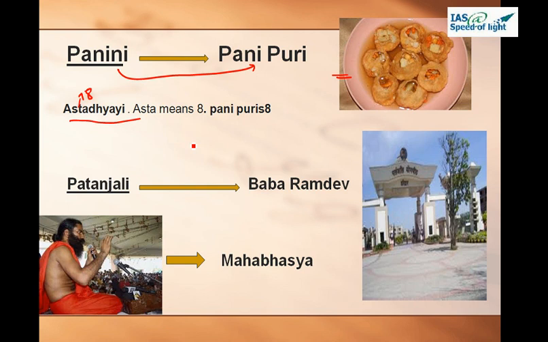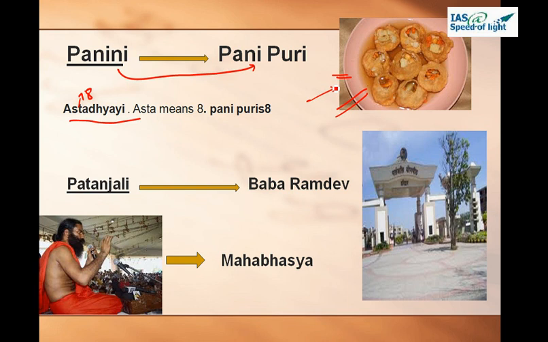So you went to a Pani Puri stall or a Golgappa stall and you asked particularly for 8 Pani Puris. Okay, see here. 1, 2, 3, 4, 5, 6, 7, 8. So 8 Pani Puris. So Panini becomes Pani Puri, and what he wrote is Ashtadhyayi. Ashta means 8. So 8 Pani Puris.